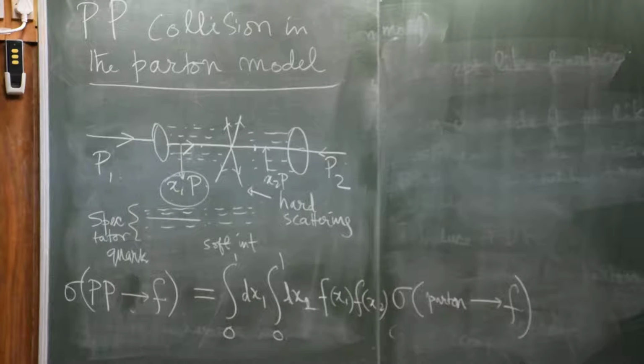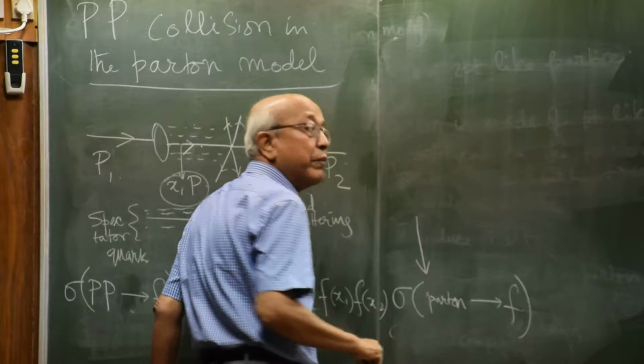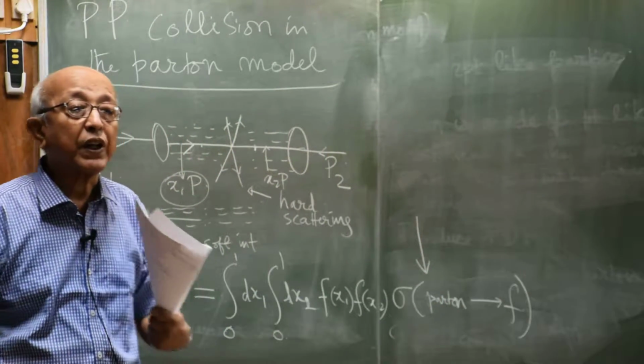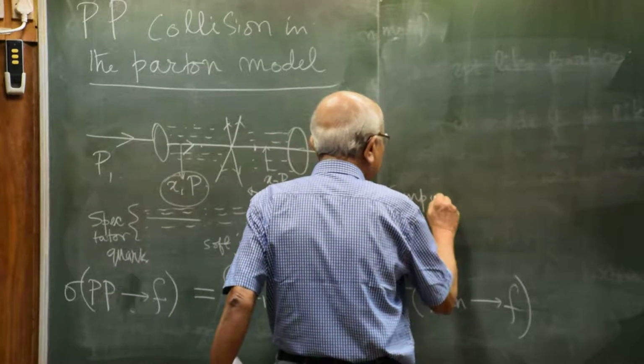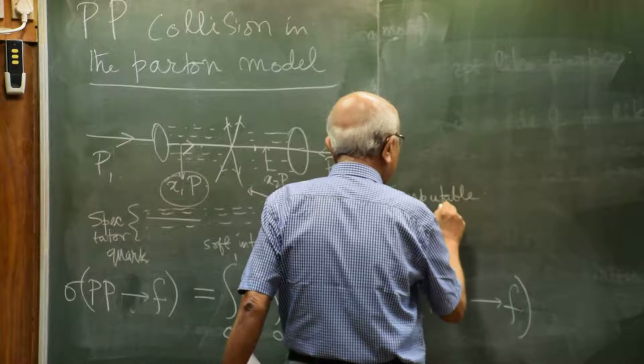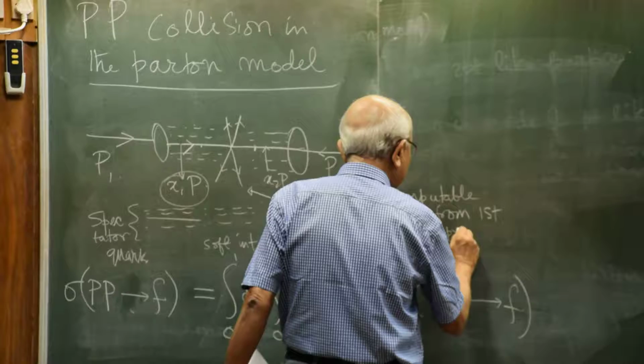Therefore, the probability. If somehow we know from other experiments, deep inelastic scattering or neutrino scattering, many other possibilities, then we know the F's. If we can calculate the point-like particle scattering, which we should be able to do because these are scatterings of two point-like particles, these are computable from first principles.